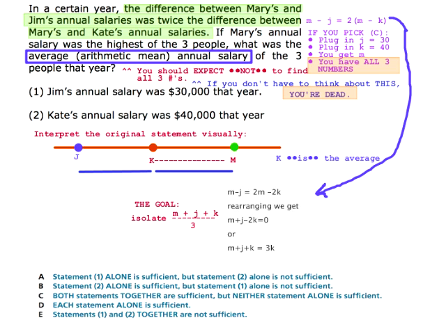That's the average. This step might seem a little bit mystifying at first, because in effect we are sort of unsimplifying stuff here. But it makes perfect sense because you want to create m plus j plus k on one side of the equation, and this is a way to do that. Absolutely. So therefore, m plus j plus k over 3 is going to be k.